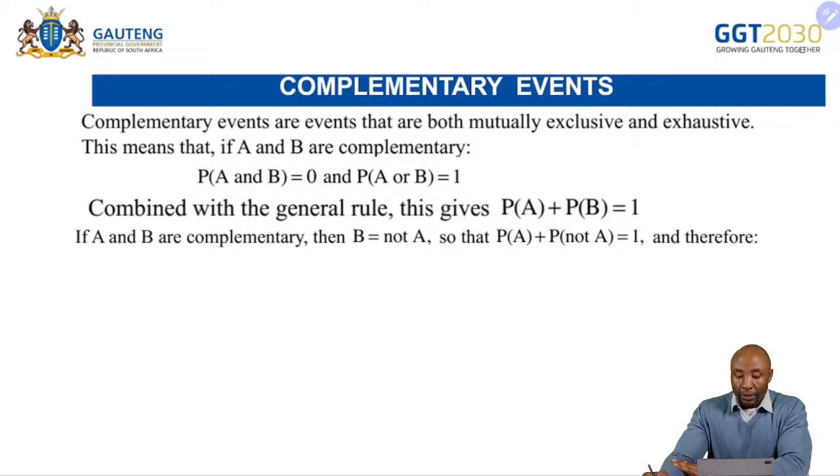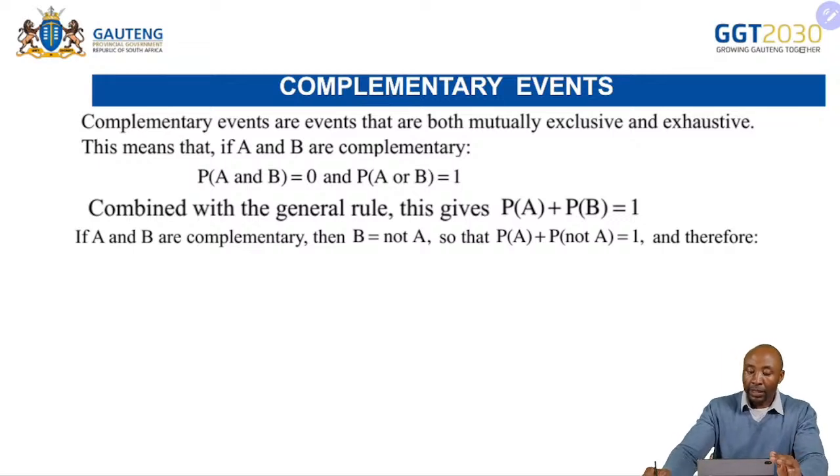And we know that if A and B are complementary, then the probability of B is the same as saying the probability of not A. And when we substitute, where there is probability of B, we substitute with probability of not A, equals 1.